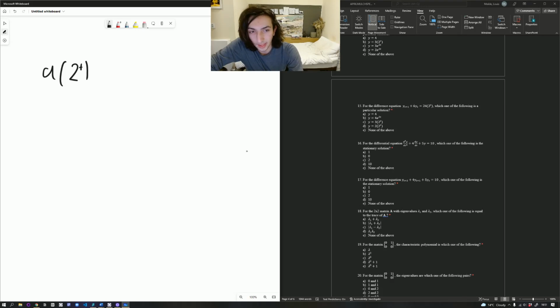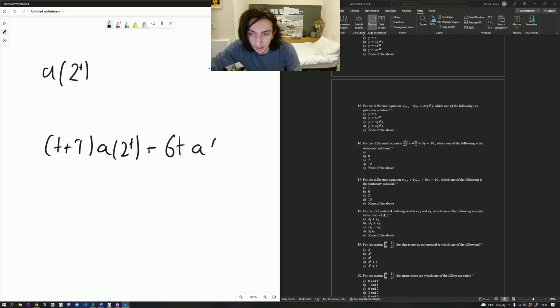So we put that in alongside our other values, but for y(t+1) and y(t) and so on, we're going to put t+1 and t next to it respectively. So we're given the following: that, and then 6 times a 2^t, which is equal to 24 times 2^t.